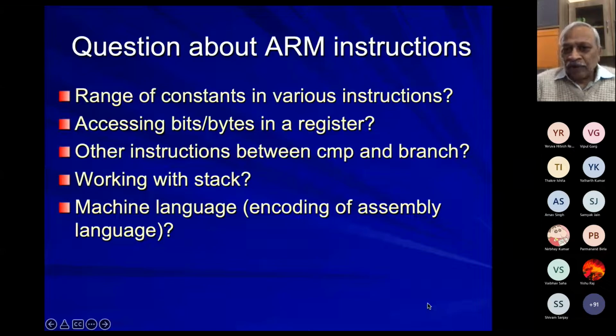So what is going to happen? Is the result of comparison still valid or not? Then I mentioned about stack. So how do you actually work with stack? And then encoding of assembly language instructions to understand their representation in the machine.